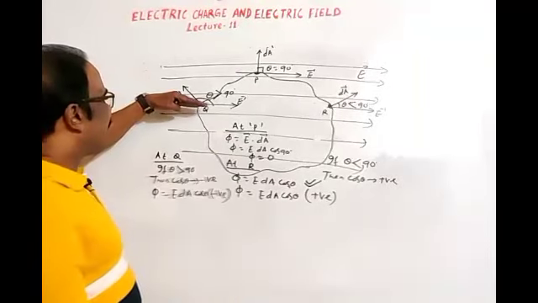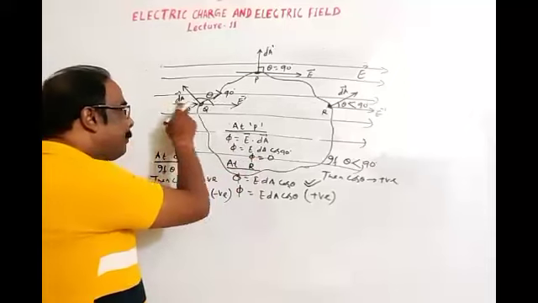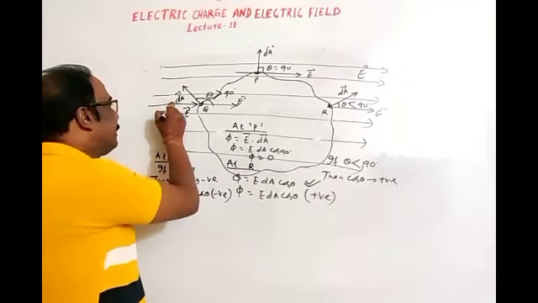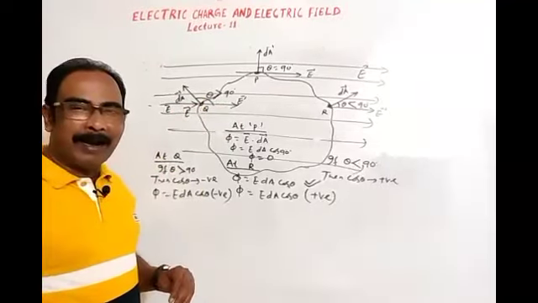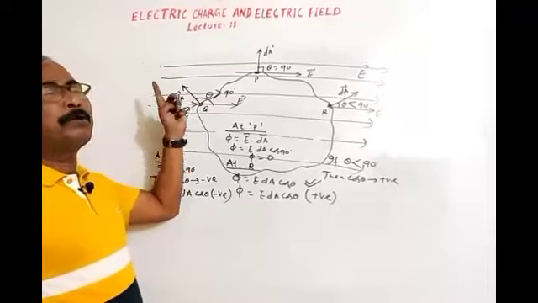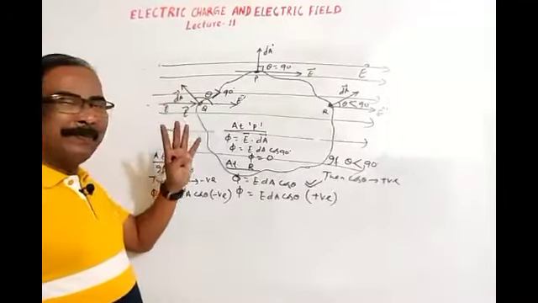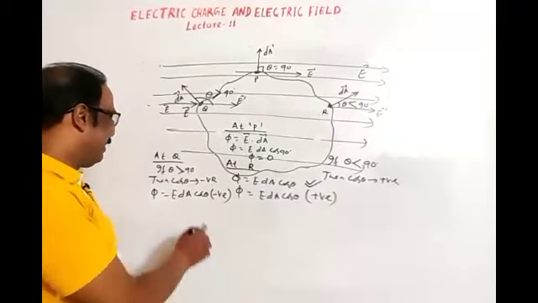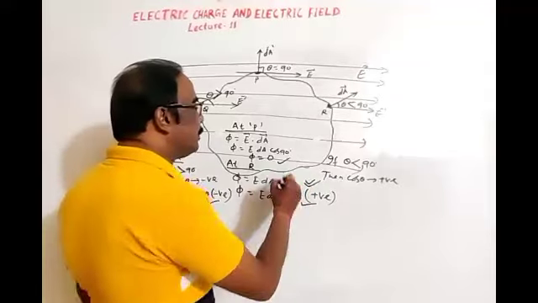Here electric field appears to be inwards. If this is the direction of electric field, we may shift this electric field parallel by parallel shifting. So if electric field appears to be inward to the elemental surface, then flux is negative. Negative flux, positive flux and zero flux.